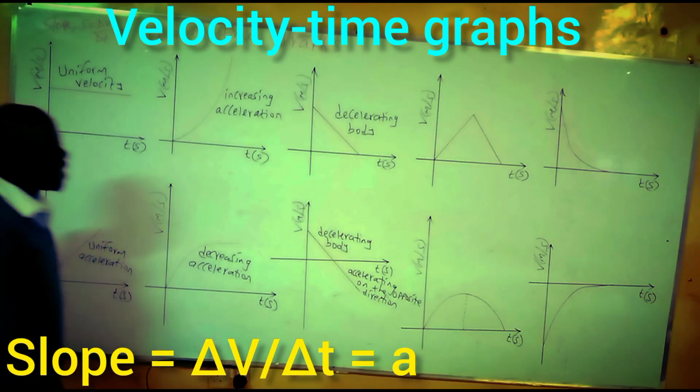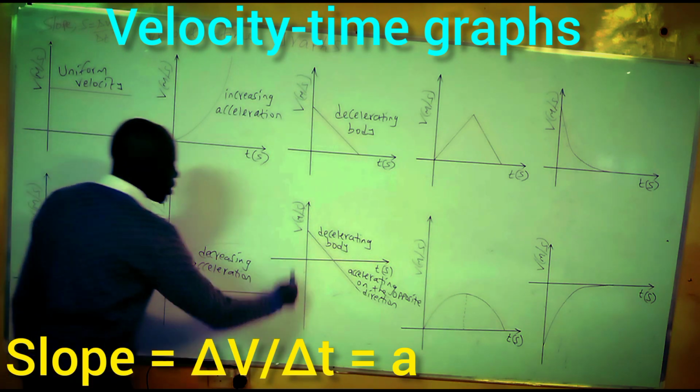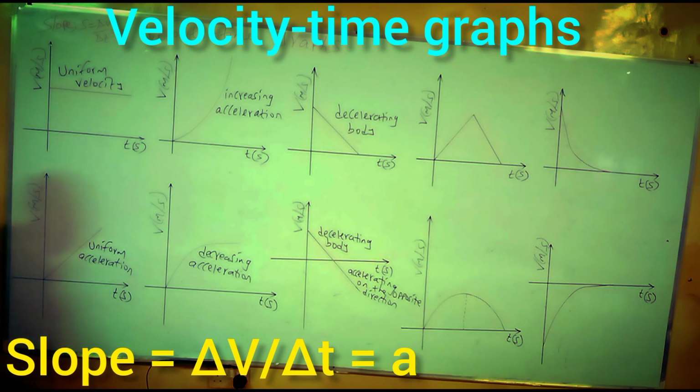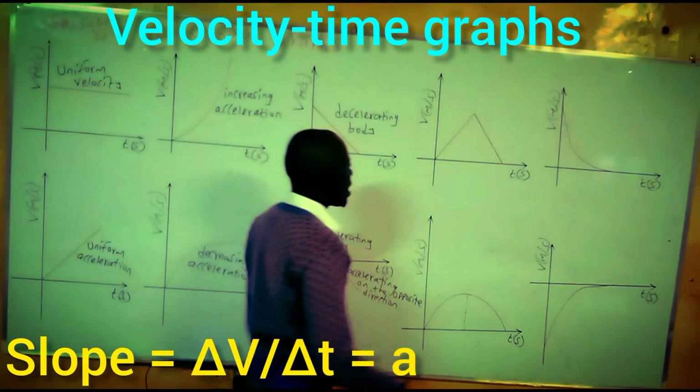The body is accelerating, but this time on the negative side. Remember, because velocity is towards the negative, the body is accelerating but now towards the opposite direction, in other words, past the origin.